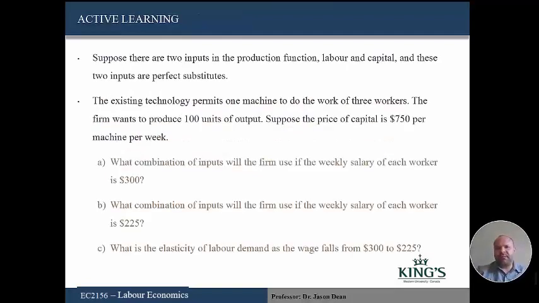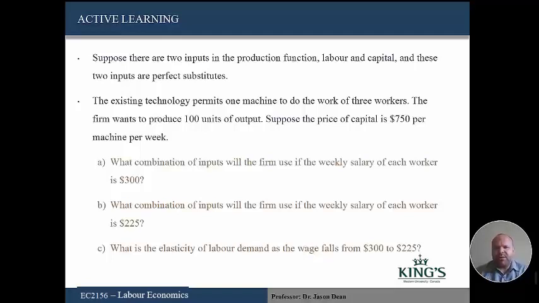Next question. Suppose there are two inputs to the production function, labor and capital. That's what we've been doing all along. And these two inputs are perfect substitutes. Okay, so if you remember, that is the linear isoquants. That's one of the special cases we looked at earlier. Now, the existing technology permits one machine to do the work of 3 workers.